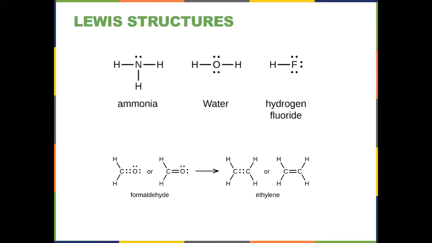So you have a pair of shared electrons between a carbon and a hydrogen, a pair of shared electrons between the carbon and the other hydrogen, and then two pairs of shared electrons between the carbon and the oxygen. And the oxygen then has four leftover electrons that have to be represented.